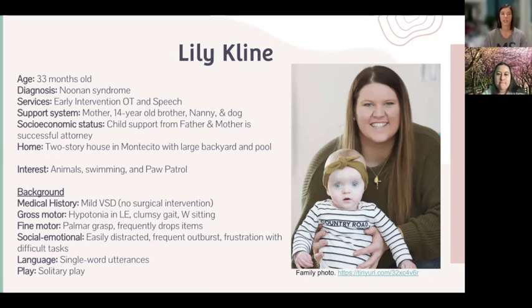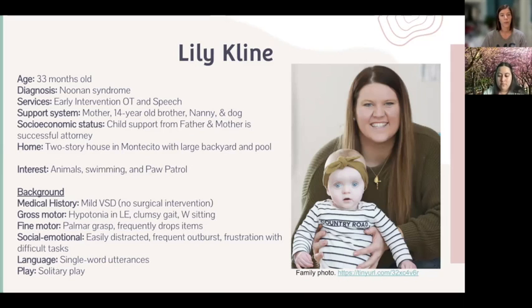In regards to her background, she was born with a mild ventricular septal defect, but it was so mild that no surgical intervention was necessary, just monitoring. Her gross motor, she has hypotonia in her lower extremities, which leads to a clumsy gait and W sitting.